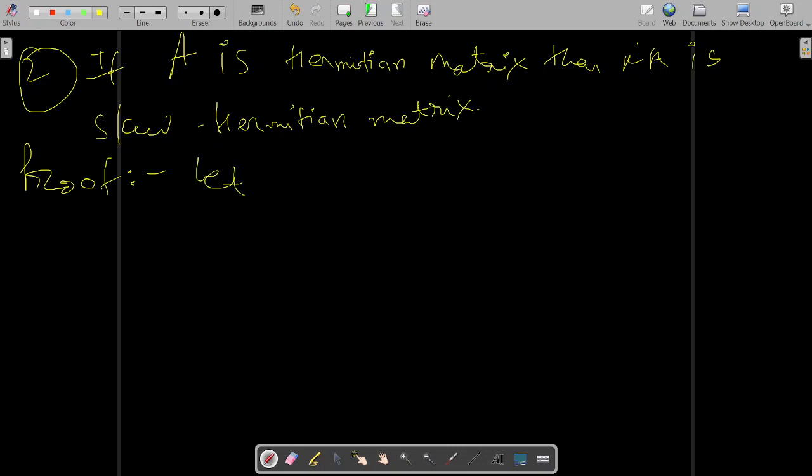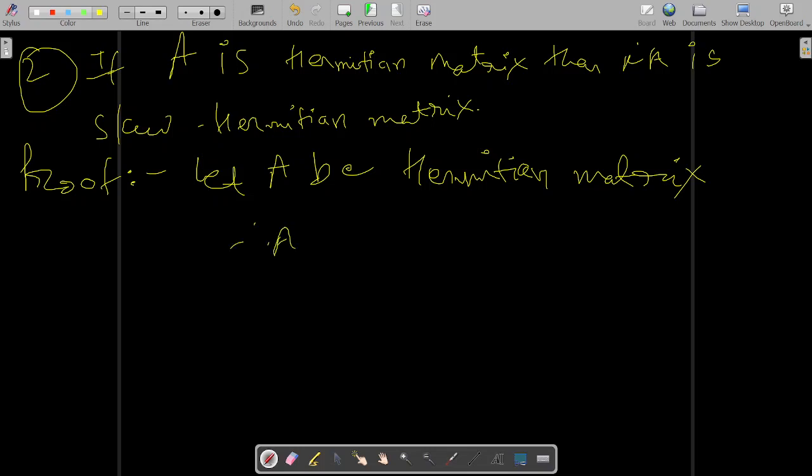Let A be Hermitian matrix. Then what will happen? Clearly your A conjugate will be equal to A, because A is Hermitian.